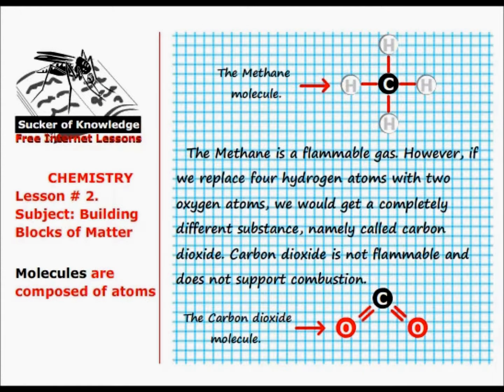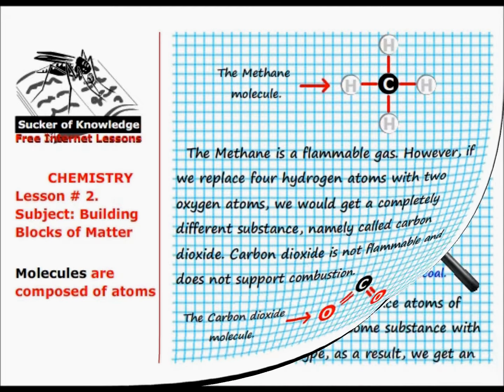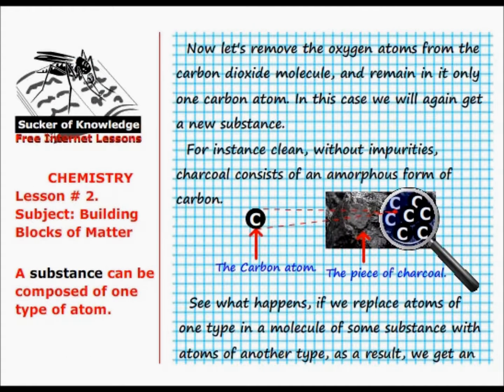However, if we replace 4 hydrogen atoms with 2 oxygen atoms, we would get a completely different substance, called carbon dioxide. Carbon dioxide is not flammable and does not support combustion. Now, let's remove the oxygen atoms from the carbon dioxide molecule and leave in it only one carbon atom.